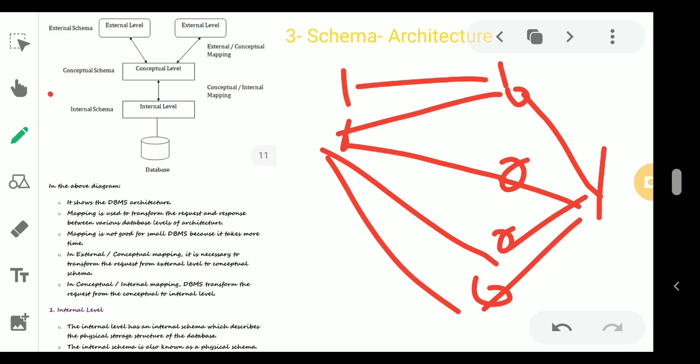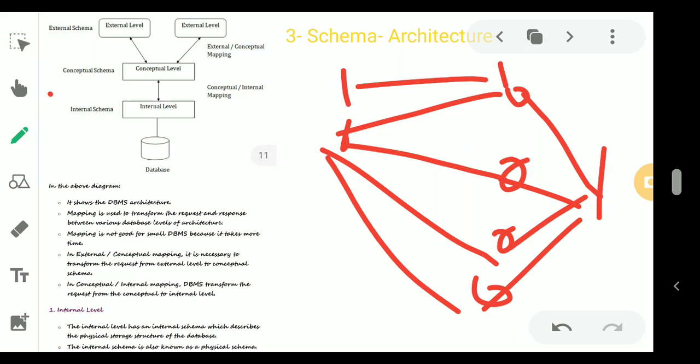That is abstraction: whatever processing is happening, we are not aware of it. So this is the physical or internal schema, the lowest level of data abstraction. This schema describes in detail how the raw data is stored at a byte level using complex low-level data structures. It also describes the access path of a database.